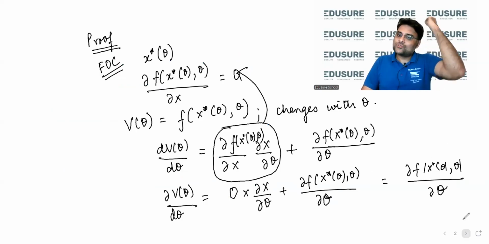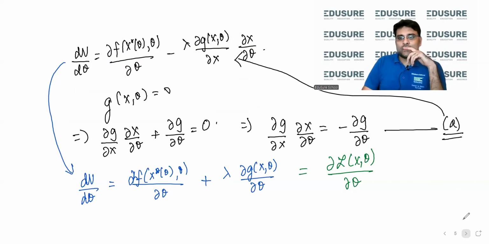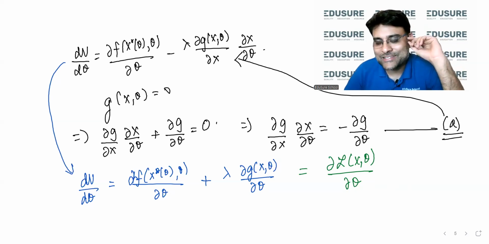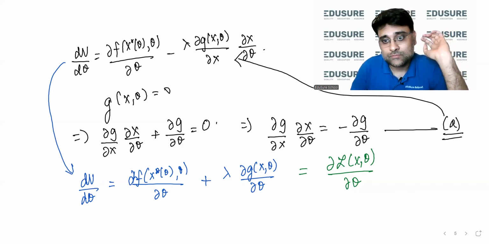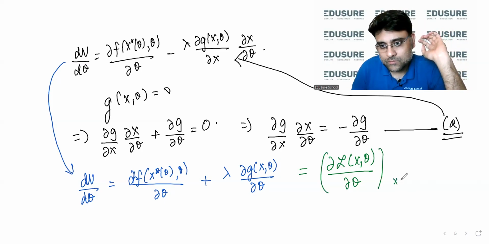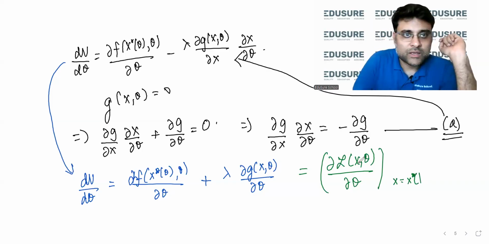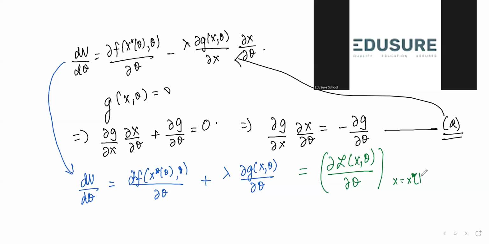And this is also the same as del L del theta at the optimal. Okay, obviously at the optimal means that x is at x star and lambda is also at lambda star.